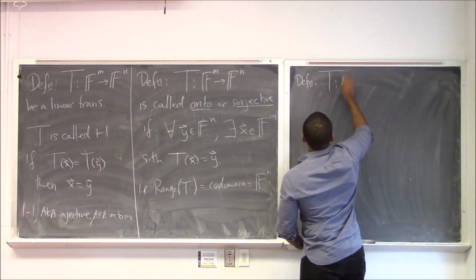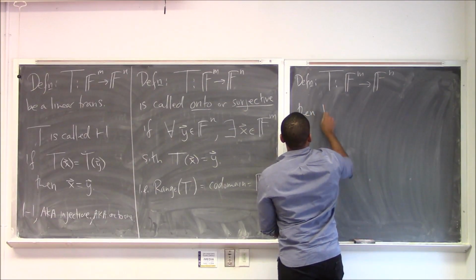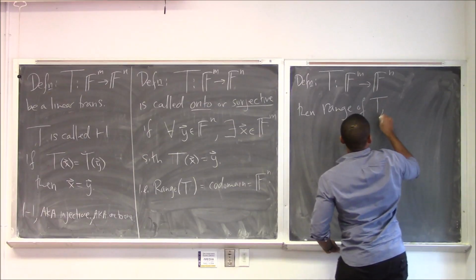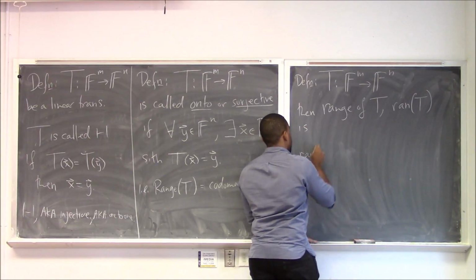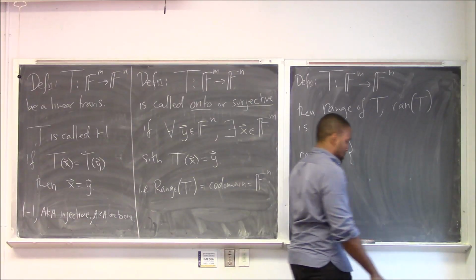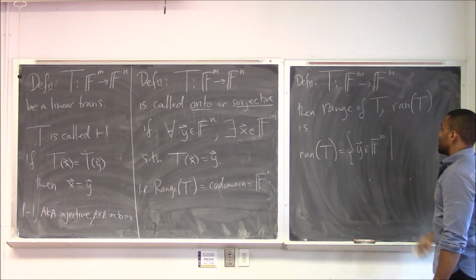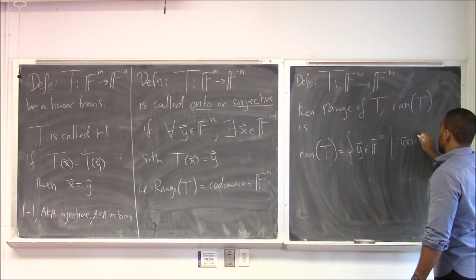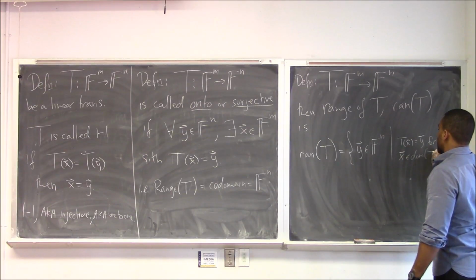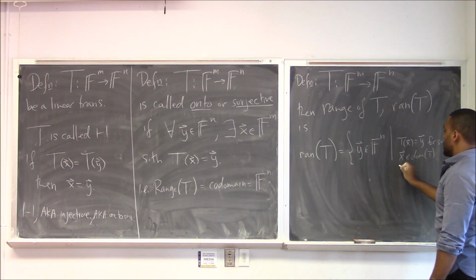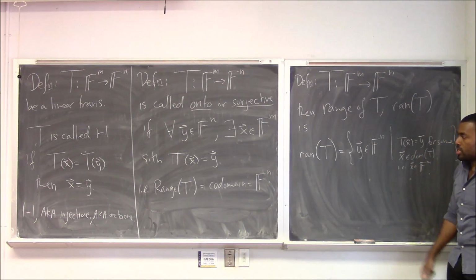The range of T, which we abbreviate by range T, is the set of all things that live in the codomain such that T of x equals that for some x in the domain, specifically in Fm.